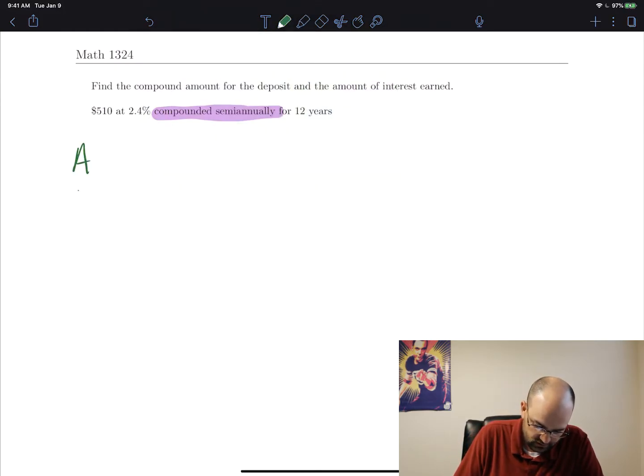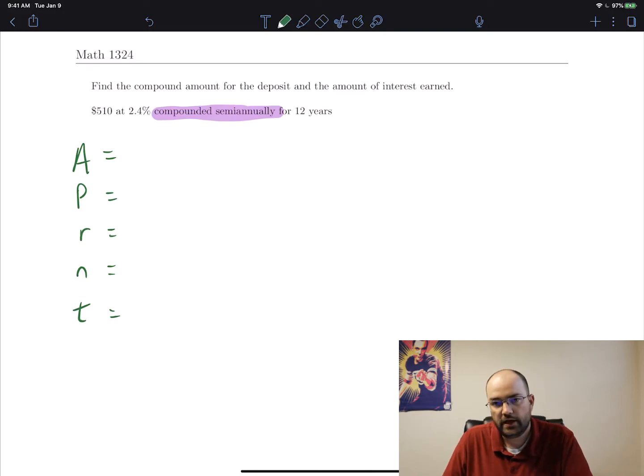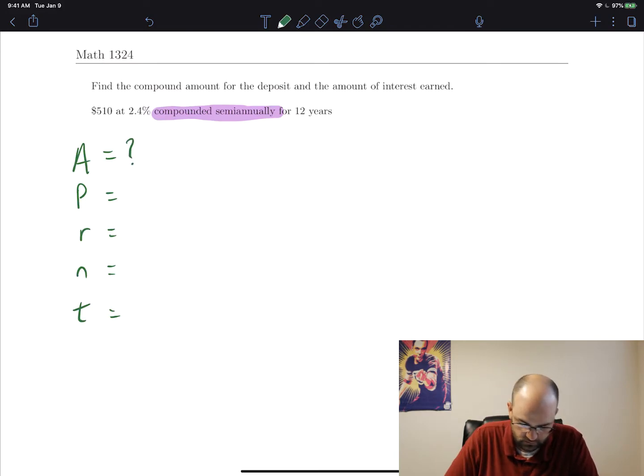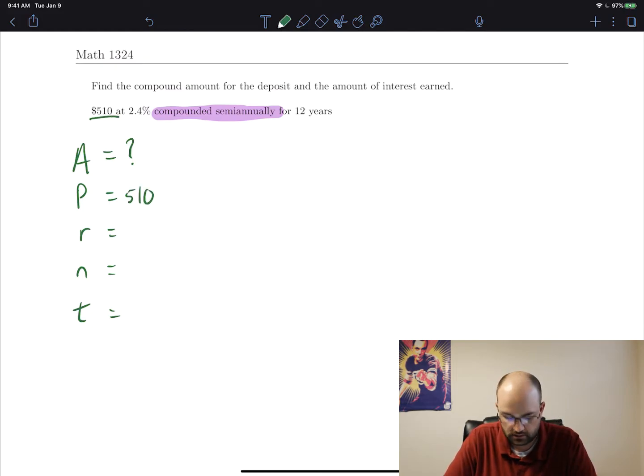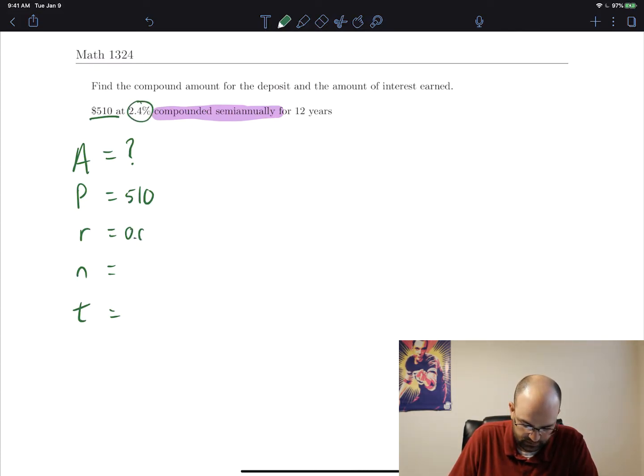With compound interest, we have variables: A, P, R, N, and T. A again stands for the future amount or the compound amount. Okay, so we don't know. We do know that the present value, the amount we have right now, is $510. R is the interest rate, 2.4%, but as a decimal, it'd be 0.024.